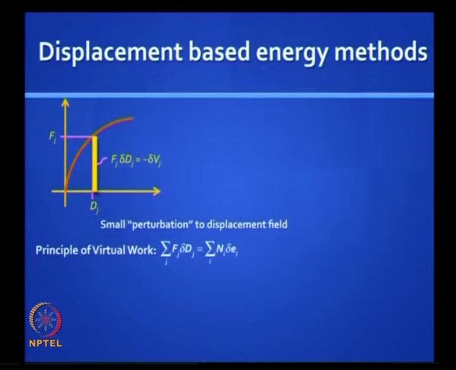We will first look at the displacement based energy methods. So, let us take for example a truss, and to generalize, let us assume that all the elements are elastic but not necessarily linearly elastic. So, if the elements exhibit non-linear elastic material behavior, then the loads, the deflections that happen at the joint locations, the so called external component of the force field and displacement field, will also show a corresponding non-linear behavior.